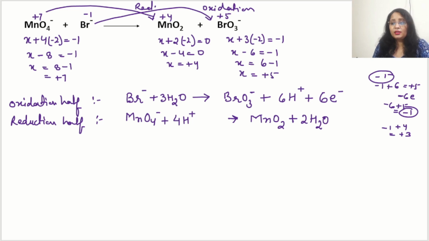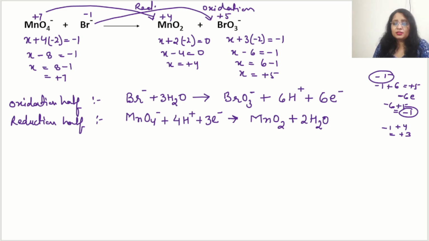Same should be there here also. Here we can see on the right hand side there is no charge, means charge is 0. So plus 3 charge will become 0 when we add -3 to it. So we will add 3 electrons, that is 3 minus. Now the overall reaction is balanced.